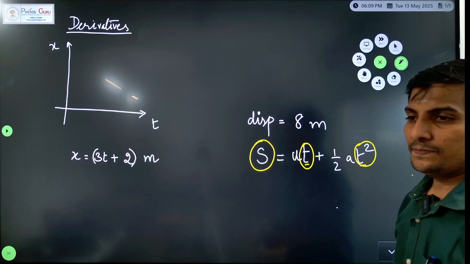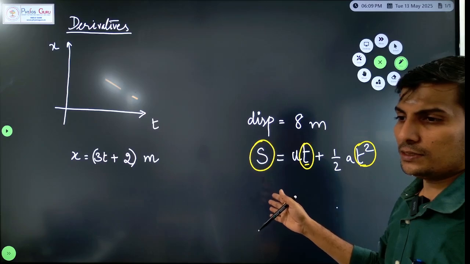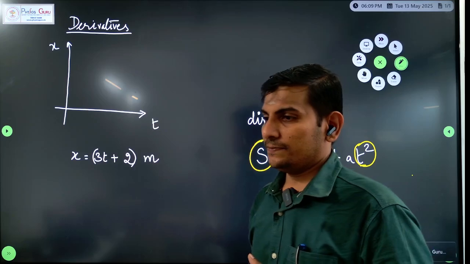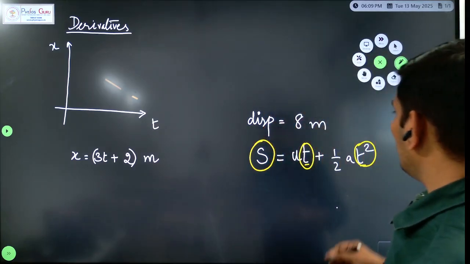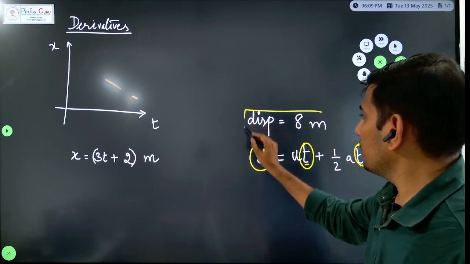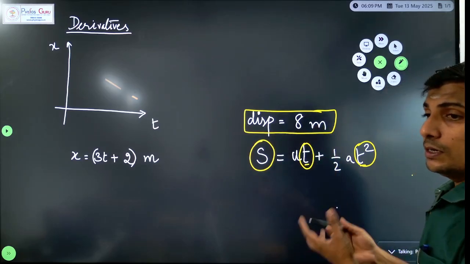Am I right? I hope you understand this. What kind of displacement is this? Instantaneous displacement. Got it? Yes. So here we have instantaneous displacement, and here we have some number as displacement. This is how we used to learn.